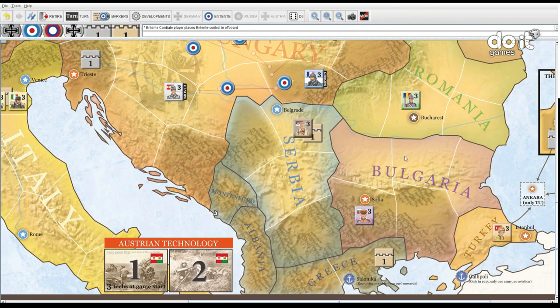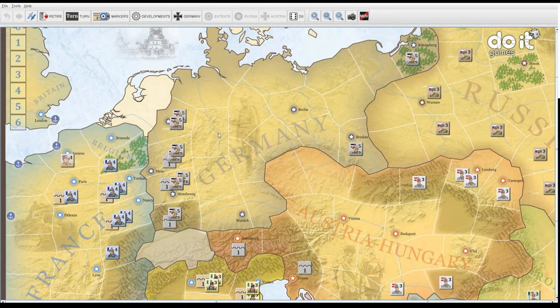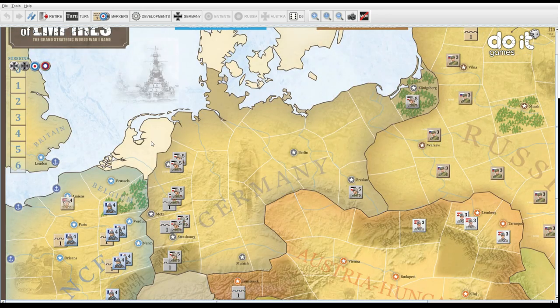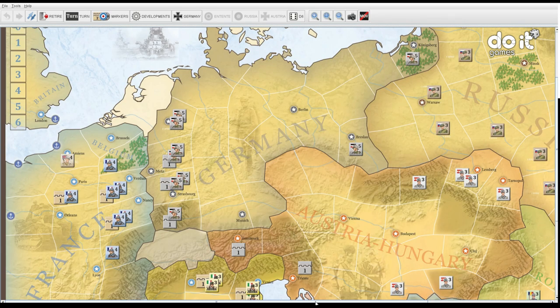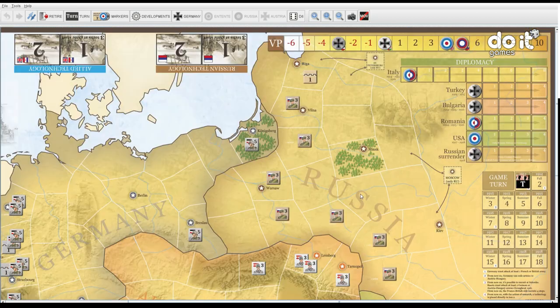I think that's enough for the basic concepts of the game. Let's start with the mechanics. After I have defined the most important concepts of the game, let's start with the mechanics. The game has 18 turns, and at the end of the 18th turn, the power with more victory points is the winner.